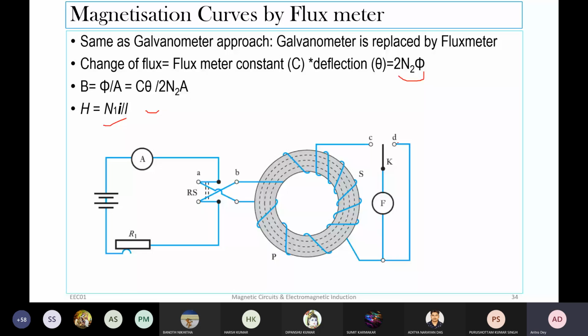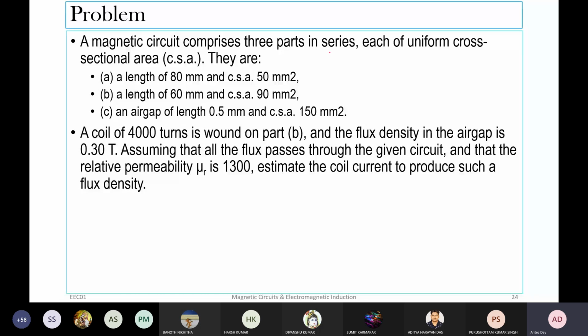So with that in mind, let us now move to a problem. In this problem, it is told that a magnetic circuit comprises three parts in series, each of uniform cross-section area. One is of length 80 mm, cross-section area 50, and another is 60 mm, 90 mm square. The air gap is 0.5 mm, and the cross-section area is a bigger one, which is 150 mm square.